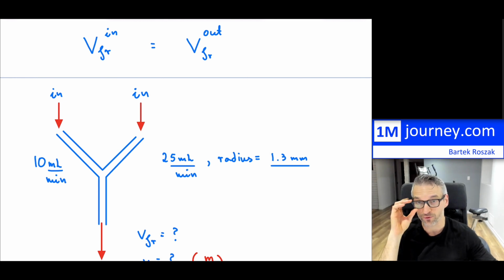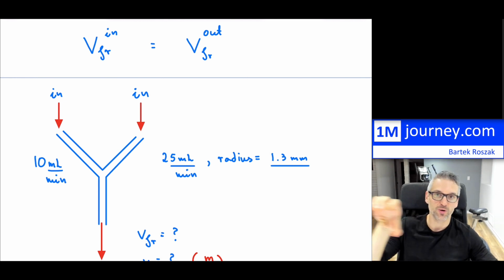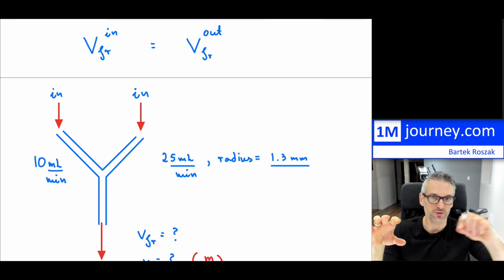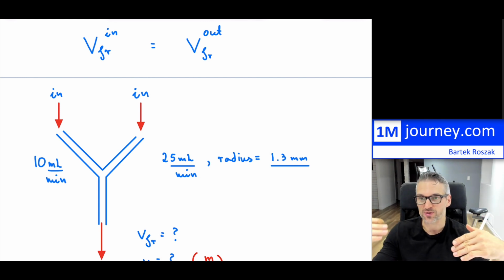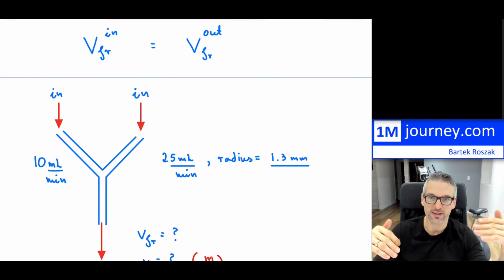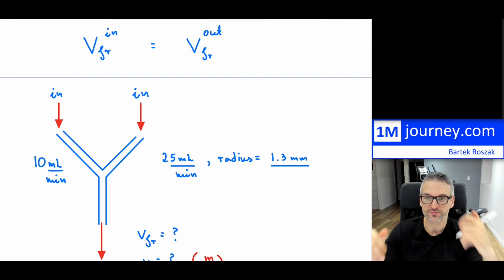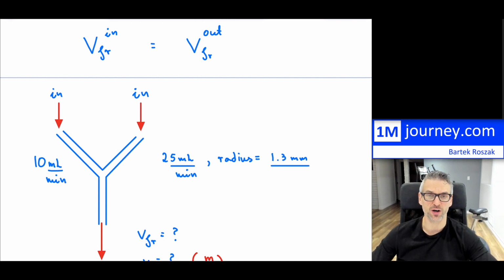So you can think about water flowing in through a particular rubber hose, and then the nozzle has a much thinner opening, and the speed of the fluid is super quick. So once we understand this concept that the volume flow rate in equals volume flow rate out, then we can use this to our advantage to calculate pretty neat examples.